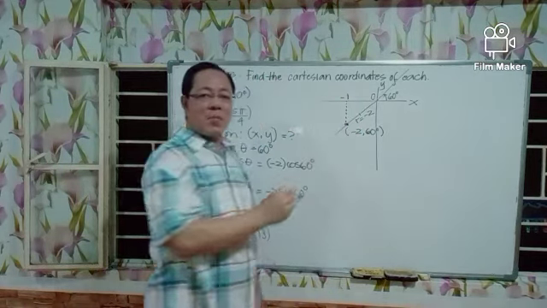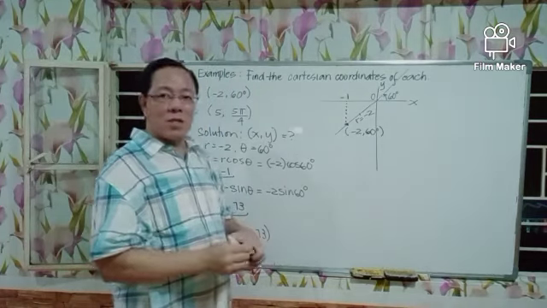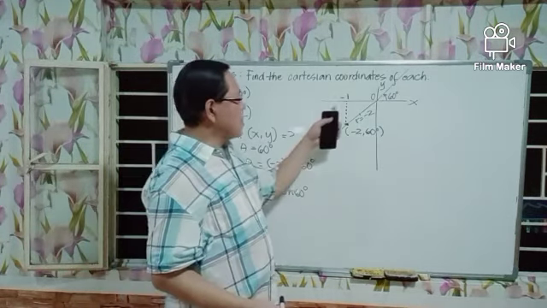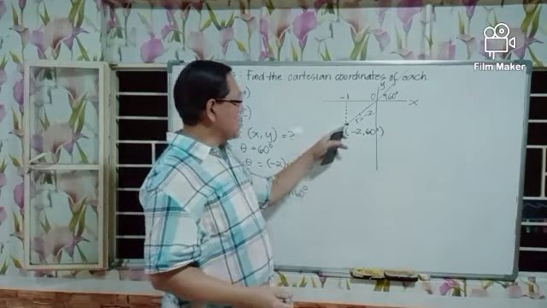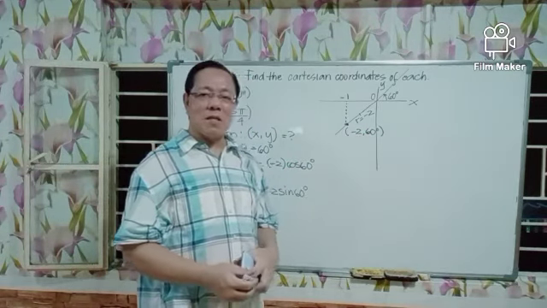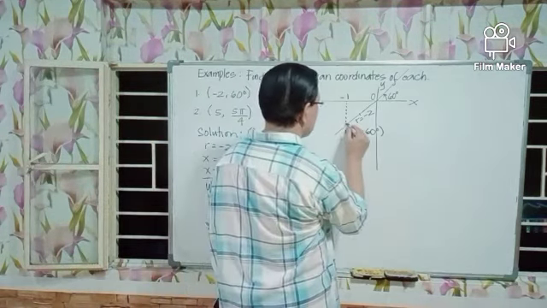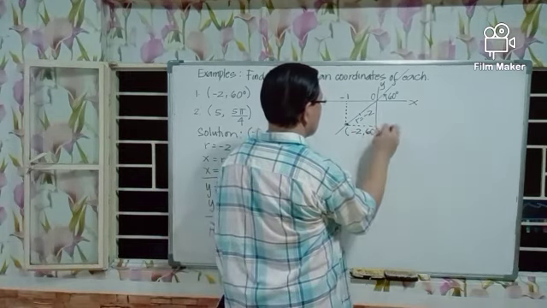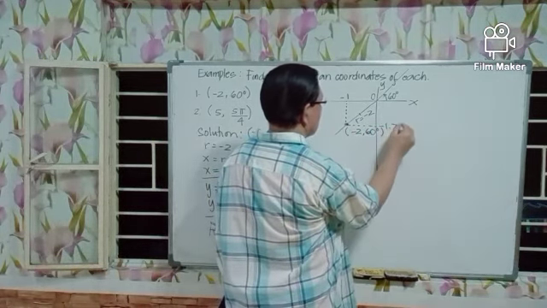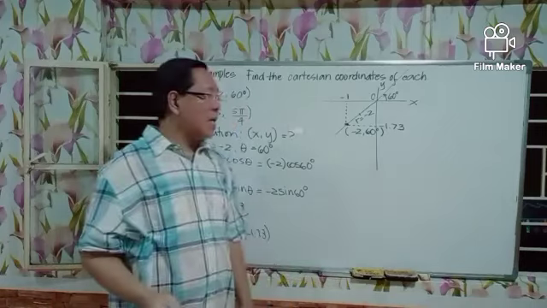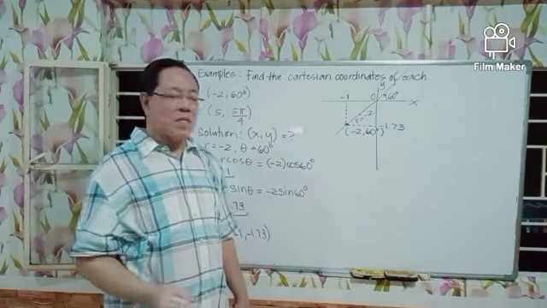If you project that point on the horizontal axis, this should be negative 1. If you project this point to the vertical axis, that point should be negative 1.73.